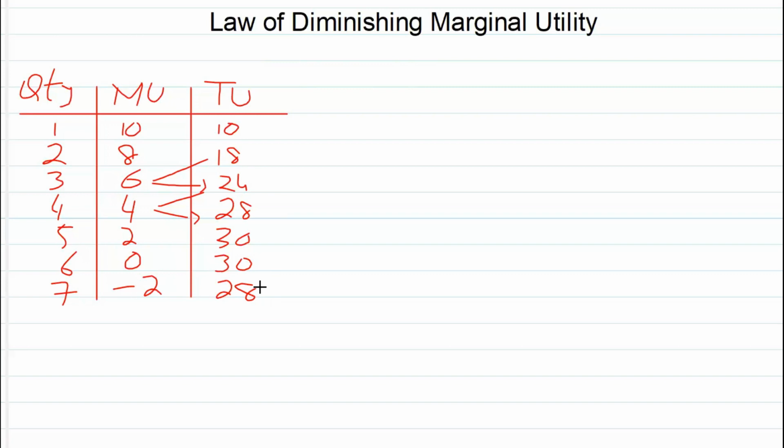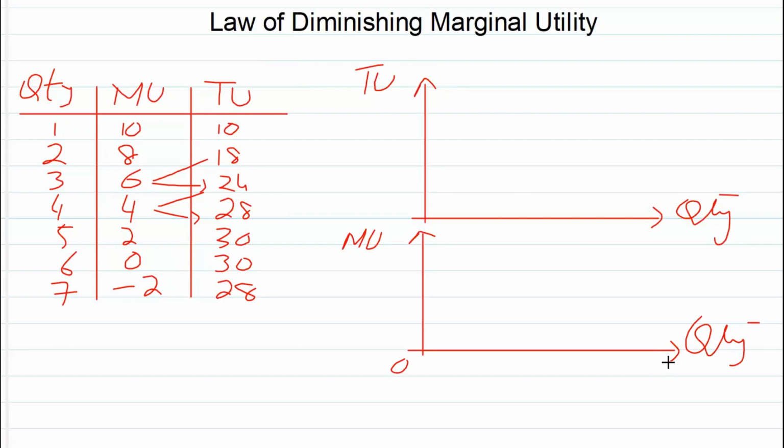We can draw a diagram to show this phenomenon. We can put these values on diagrams, and we need to draw two diagrams. One diagram is used to show total utility, and the lower panel shows marginal utility. As we can see from this table, when quantity consumed is increasing, marginal utility is continuously falling.